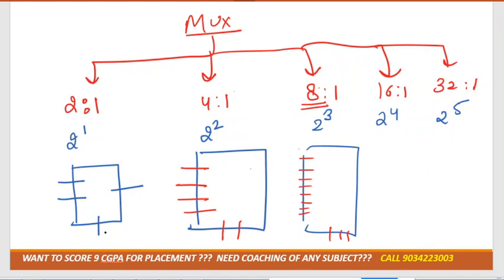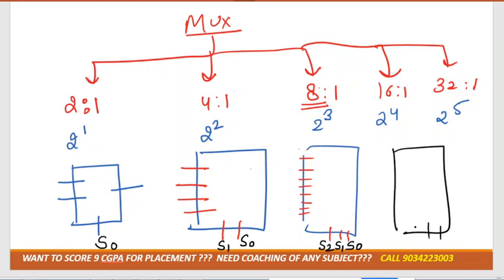The select line is always denoted by S. It would be S0. If there are two select lines, they would be S0 and S1. If there are three select lines, there would be S0, S1 and S2. And if there are four select lines, then they would be S0, S1, S2, S3.